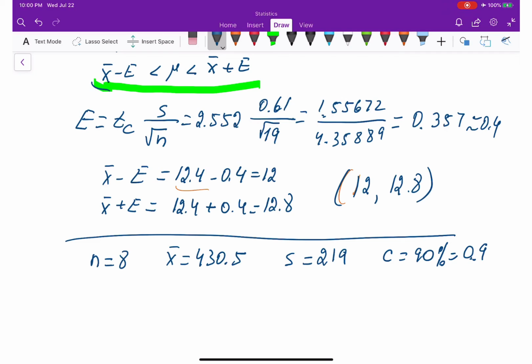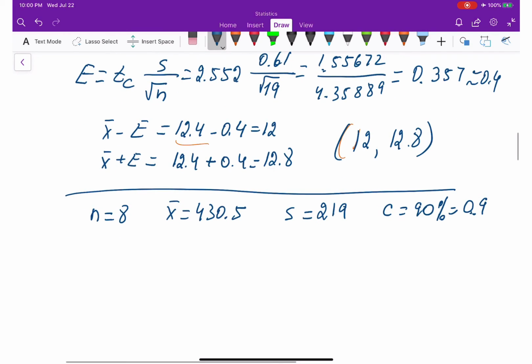All right, so we need to find the margin of error first of all. The margin of error is equal to t critical times s over square root of n.